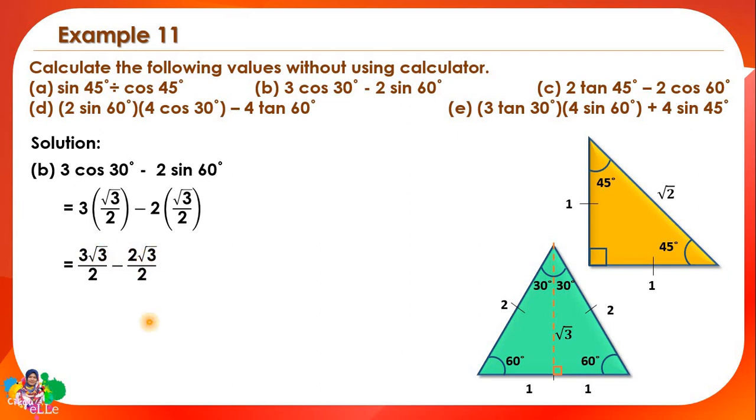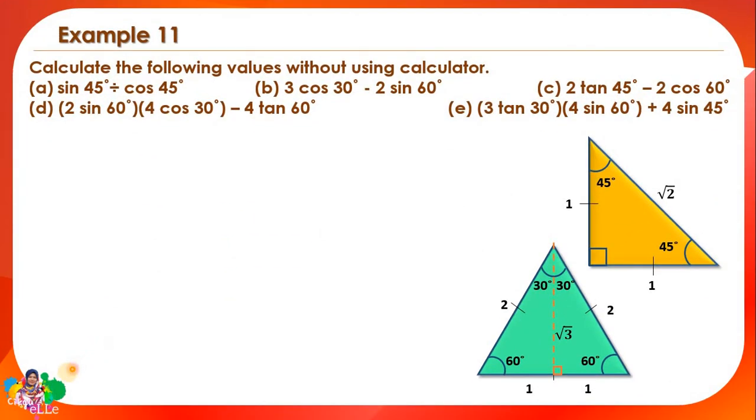Remember, you cannot use a calculator. So just imagine this square root 3 as an unknown. So 3x minus 2x is 1x. Therefore, this is square root 3 over 2. So this is the final answer. You cannot simplify anymore because you cannot use a calculator.